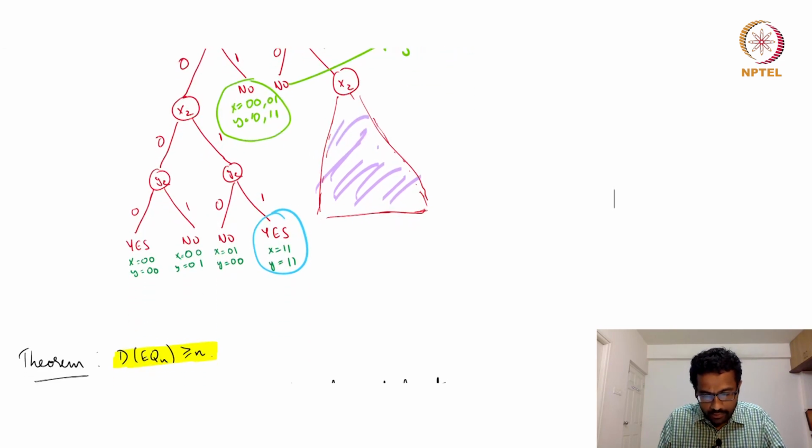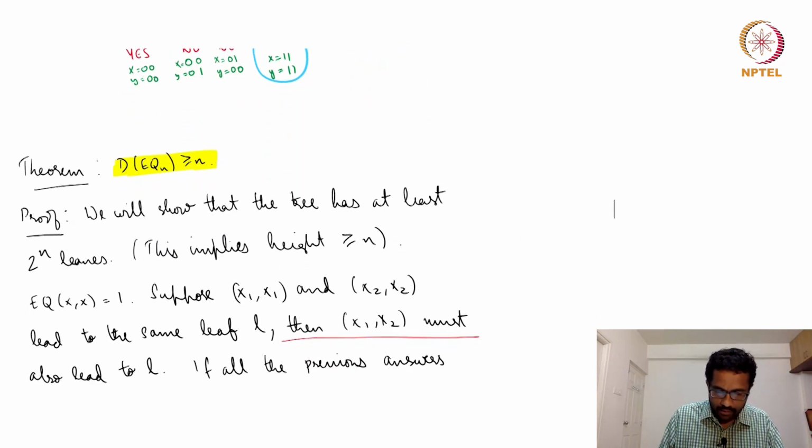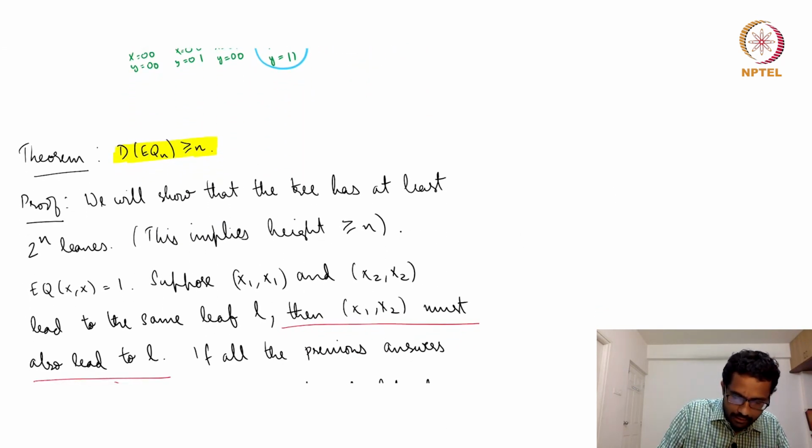So 10 leaves means at least 4 height, which gives a lower bound on the height, and that is the same as a lower bound on the communication complexity. Right. So we will show that the tree has at least 2 power n leaves if it computes equality.